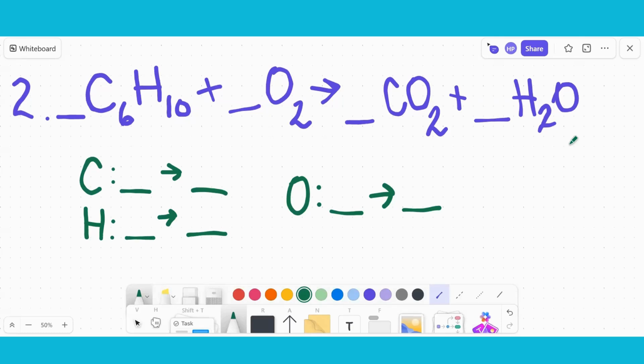So this is another example that's a little more involved of a balancing problem. This one is a combustion reaction. Remember, combustion reactions are when a carbon-based compound reacts with oxygen, usually in the form of fire, and breaks into a carbon dioxide species alongside water.